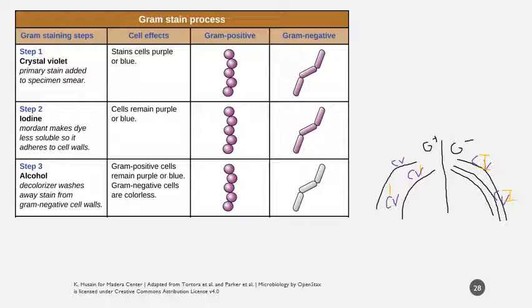It could be alcohol, it could be an acid-alcohol mixture, or it could be acetone. I usually like referencing acetone because I think a lot of people are familiar with that from clearing out Sharpie markings, or if you're removing nail polish, you know that acetone is a decolorizer. It removes dye.